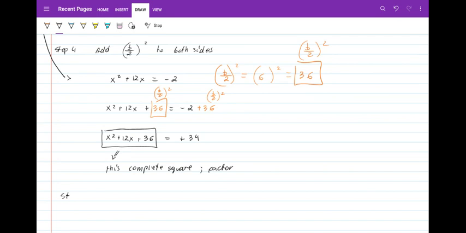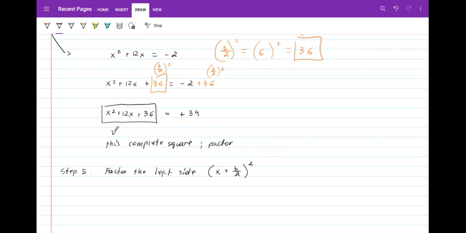So that will lead to step 5. Factor the left side, which always will be x plus b over 2 to the second power. You're going to see that. To factor x squared plus 12x plus 36, this is the same as x plus 6 times x plus 6, which is the same as x plus 6 squared.